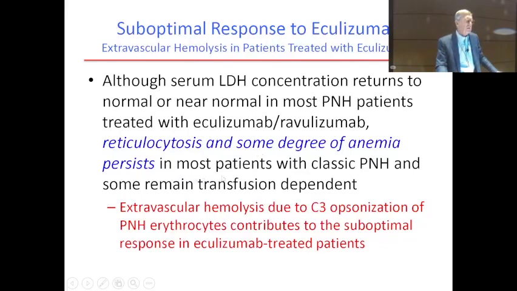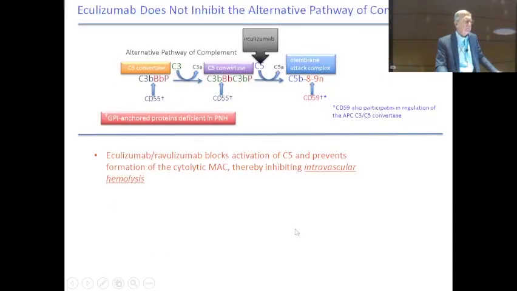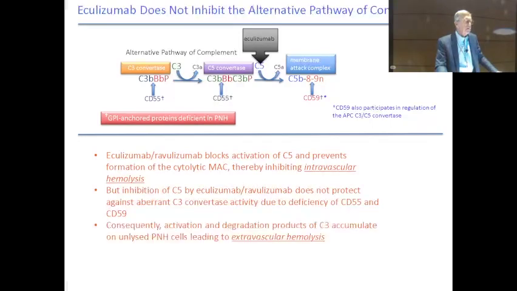And some, again, may remain transfusion dependent. And so this is due to C3 opsonization of the red cells, which leads to destruction of the red cells by the reticuloendothelial system. So we've kind of covered this before.